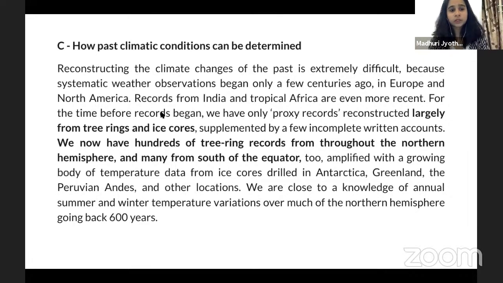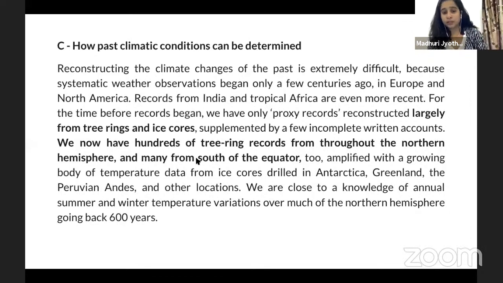The records from India and tropical Africa are even more recent. For the time before records began, we have only proxy records constructed largely from tree rings and ice cores, supplemented by a few incomplete written accounts. We now have hundreds of tree ring records from throughout the northern hemisphere and many from south of the equator.